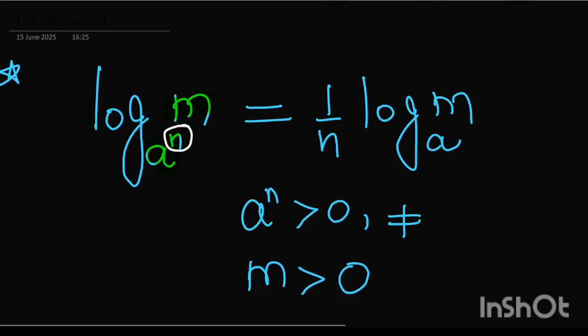That way we can consider this. The similar property we have seen is that if the power is in the argument, let's say this is k, then k comes in the multiplication. Now since this n is in the base, it will come in the denominator. That way we can understand this, guys.